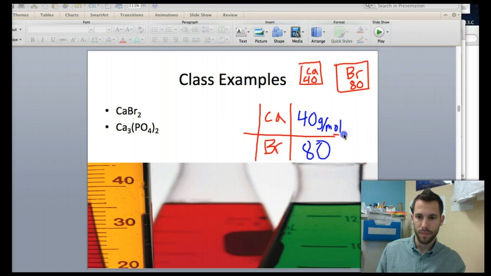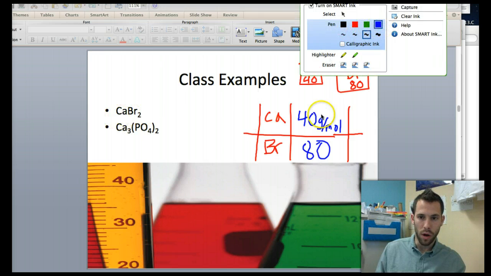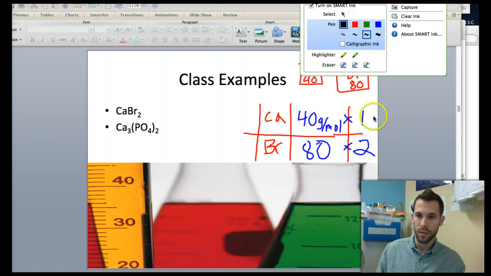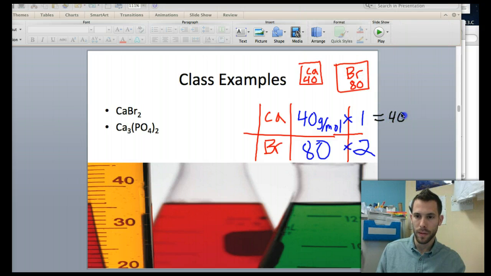Now, there are 1 calcium and 2 bromine components to every CaBr2. All we need to do is multiply these together, and we're going to get 40 on top, 160 on the bottom. Add them together, I'm going to get 200 grams per mole of CaBr2.